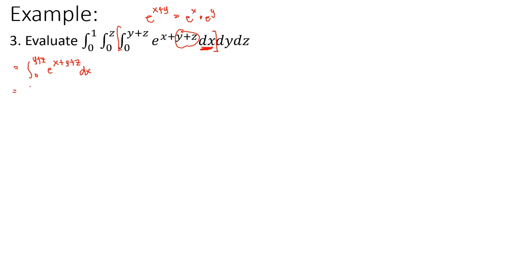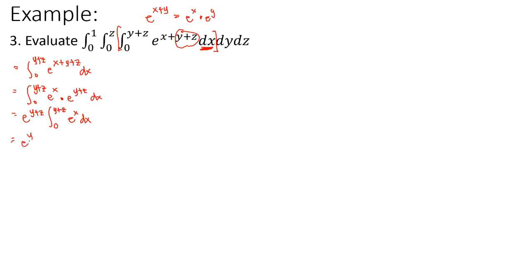So this can be broken down into e raised to x times e raised to y plus z. Because this does not involve variable x, we can just treat that as constant. So we have e raised to y plus z times integral from 0 to y plus z of e raised to x dx. And as we know, the integral of e raised to x is just e raised to x.